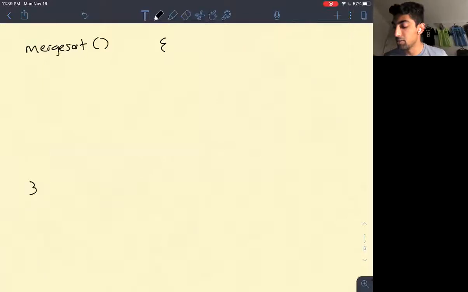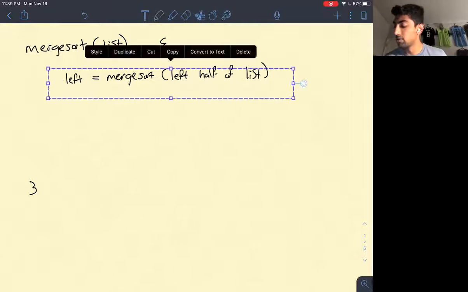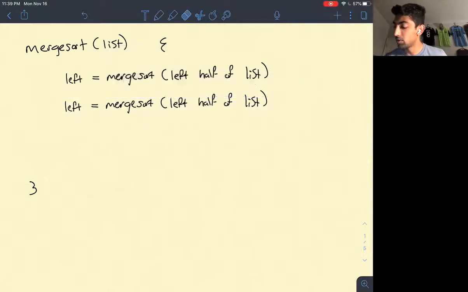What we do is call merge sort on the left half of the list, and then we call merge sort on the right half of the list. And then we merge the left and the right.